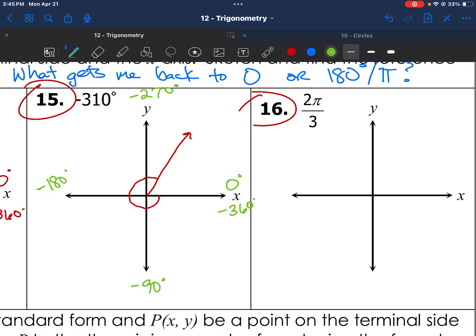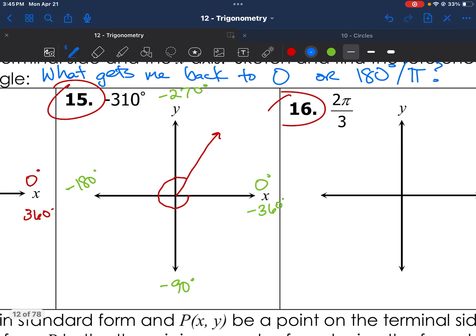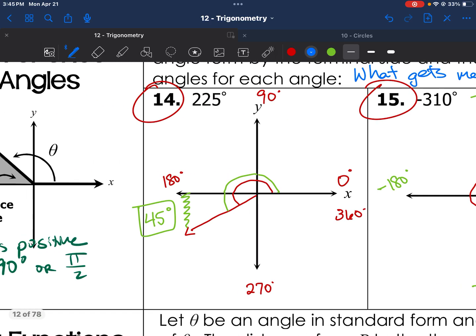So the question is, if we were to keep going a little bit further, because we're trying to get back to the x-axis in the shortest way possible, how much farther would we have to go? Well, we did our 3/4 turn, and then we went another negative 40 degrees. Last time, our answer was that we went a 1/4 turn, a 1/2 turn, and then an extra 45, so 45 wound up being our reference.